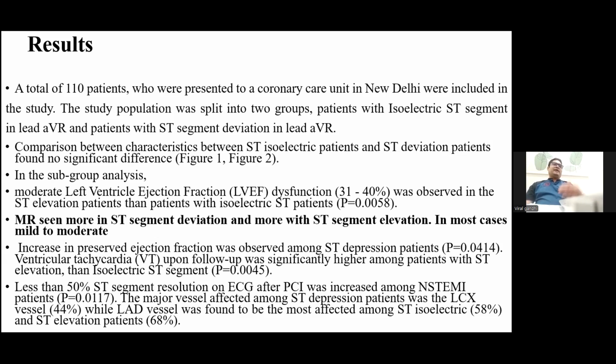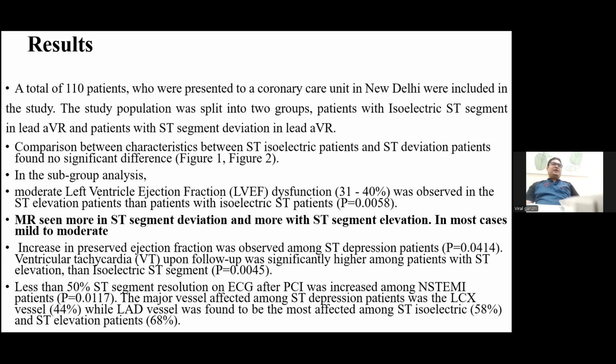When we took a subgroup analysis, we came to know that patients with ST segment elevation had more LV dysfunction than patients with isoelectric ST. MR was more seen in patients with ST segment deviation, and more specifically when the ST segment is elevated.